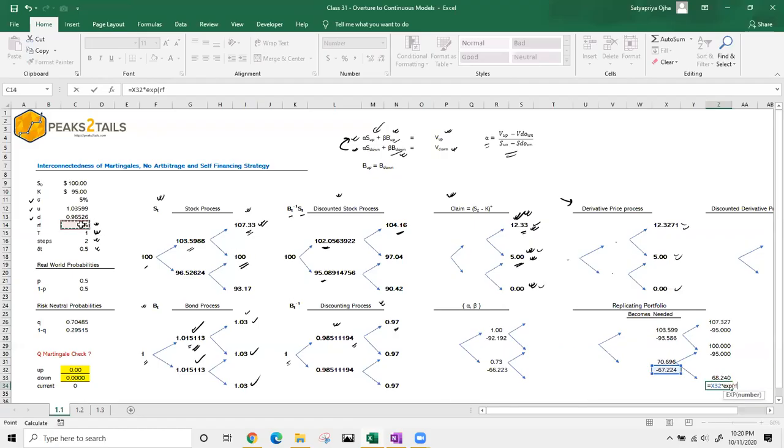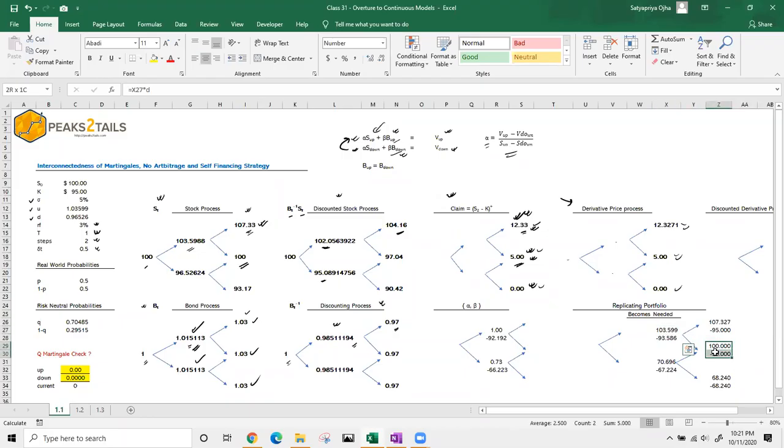Similarly, in this state, it will be stock times down factor. Stock is going down. Bond always grows at risk-free rate. So if I add these two, you can see they perfectly counter each other, right? Same value. So this is 0. Derivative price is 0. One question might be here is that we calculated this from here by making a down movement, correct?